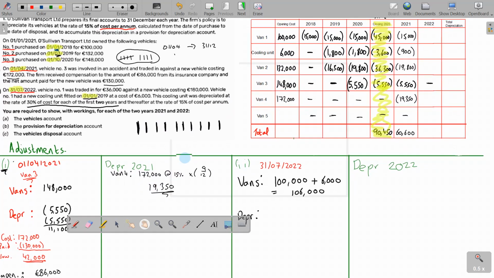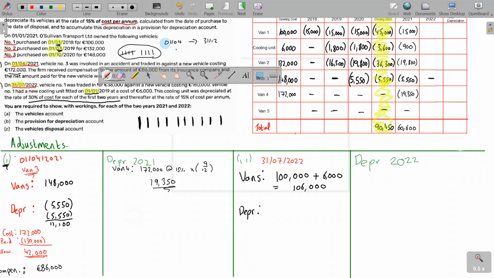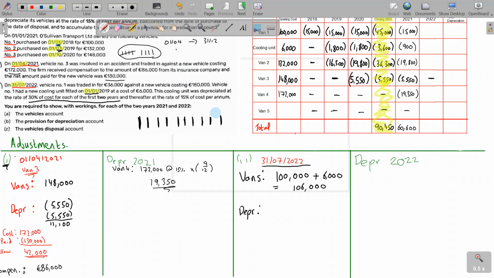So let's do our depreciation. It's the 31st of the 7th, 2022. So that means we have 7/12 at 15% of cost, which was 100,000. So that was for van 1.